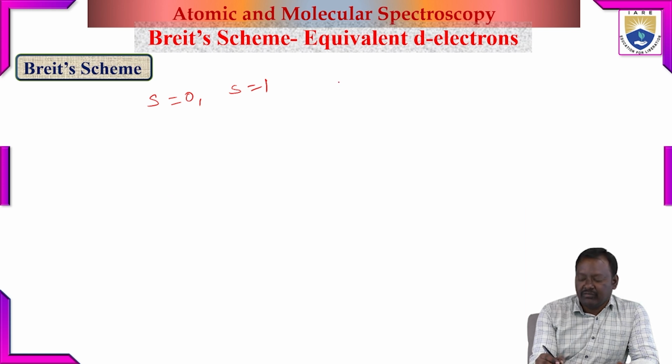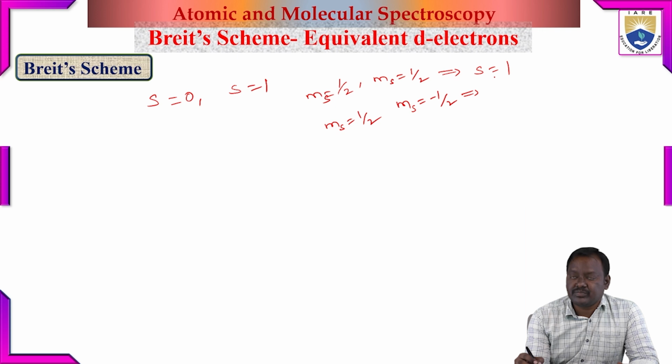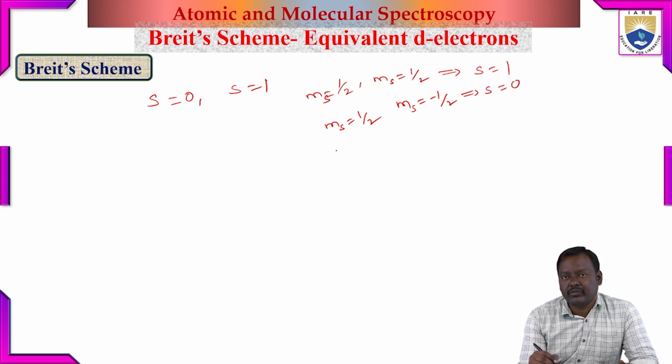So that means one electron with ms value 1 by 2, and the other electron with ms value 1 by 2, then those two electrons can form s equal to 1. And if ms equal to 1 by 2 and ms equal to minus 1 by 2, then the total spin angular momentum s equal to 0. So whenever two electrons are present in the atom, the possible s value is either 0 or 1.